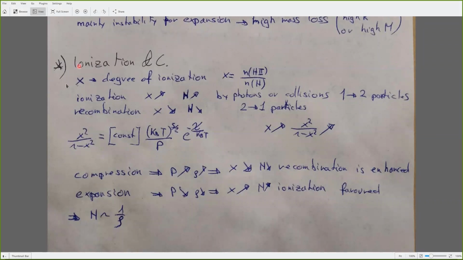Considering, for example, ionization, x is the degree of ionization, the ratio, taking into consideration hydrogen, since it's the main element present, of the number of ionized hydrogen atoms, obviously, with respect to the total number of hydrogen present.